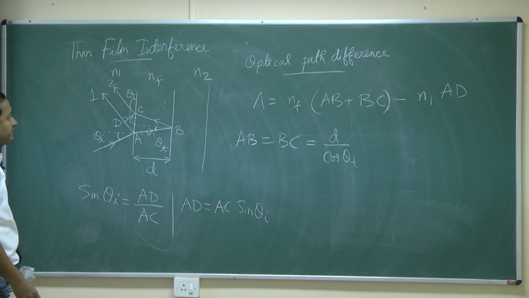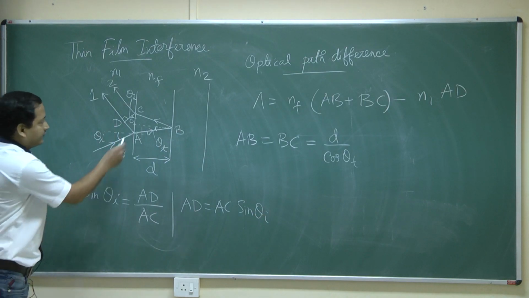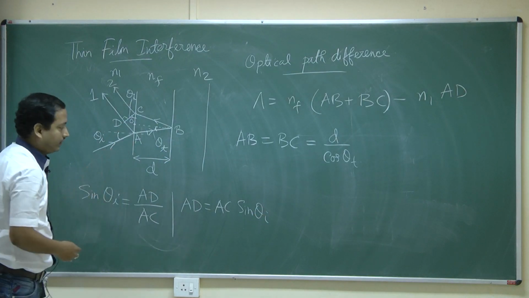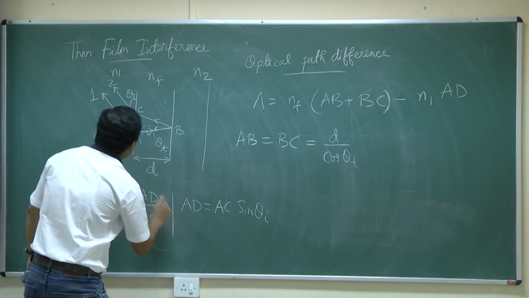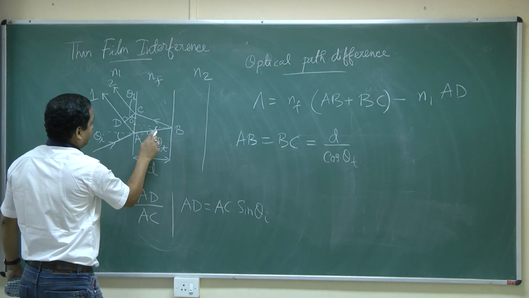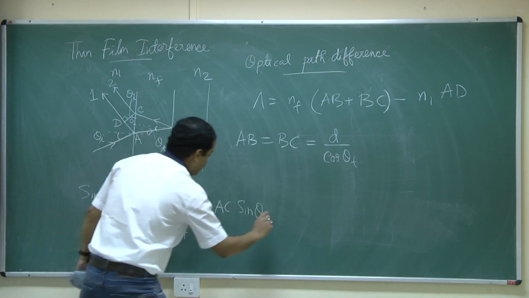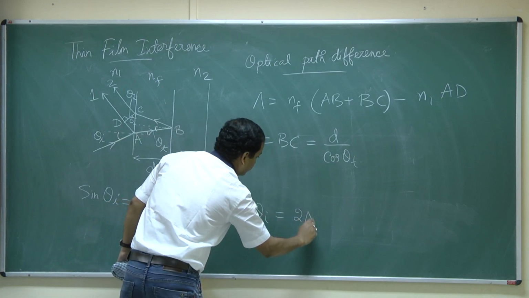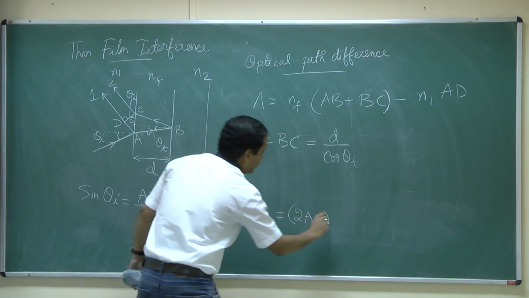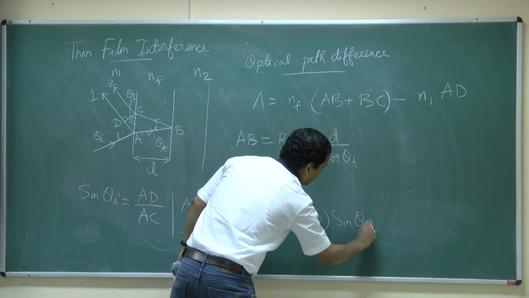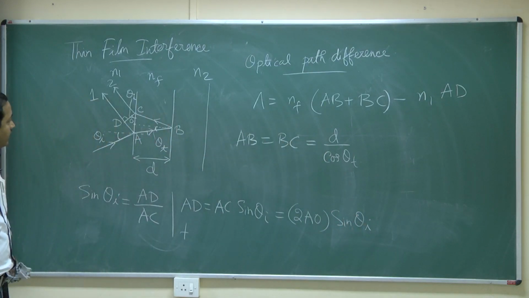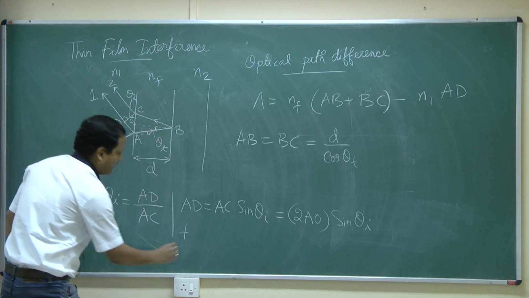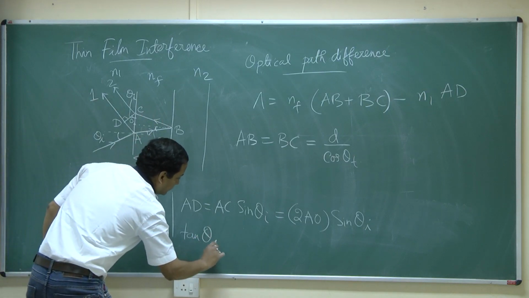Again, AC is twice of AO by this geometry. And what is AO? AO I can find as tan theta t. So, it is twice AO times sine theta I, and AO is related by tan of theta t, right?